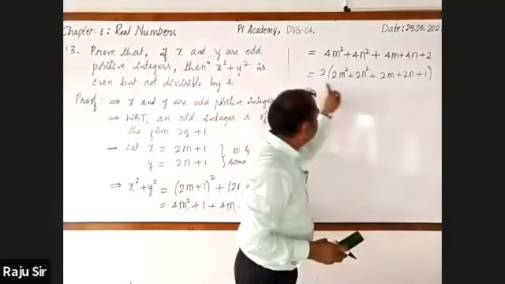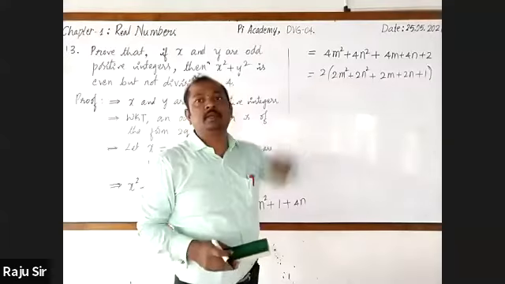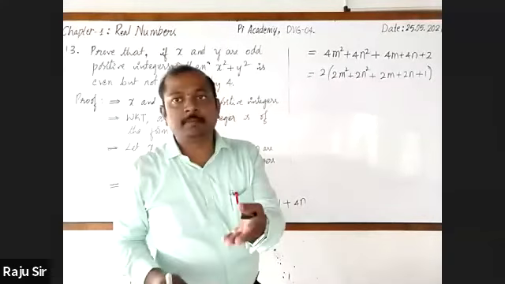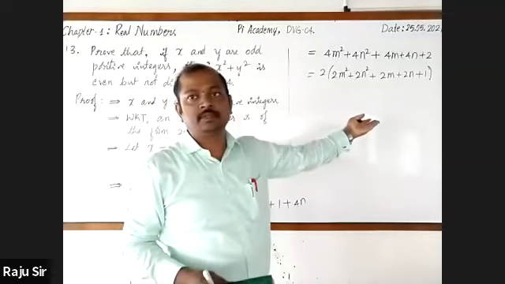Now, can we say that it is a multiple of 2? Yes, sir. If it is a multiple of 2, then it should be divisible by 2 also. If it is divisible by 2, then what type of number is it? Even number. So you write this step.